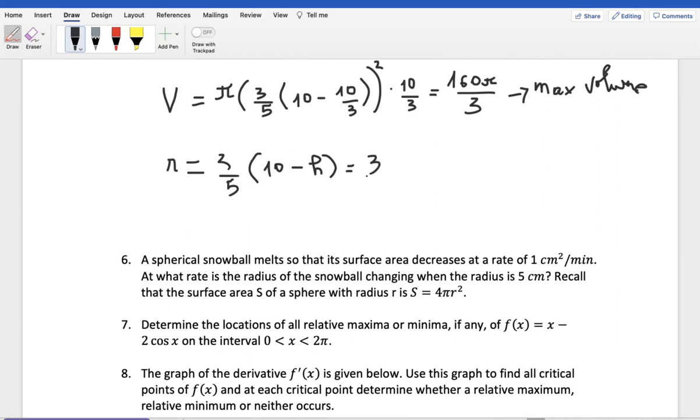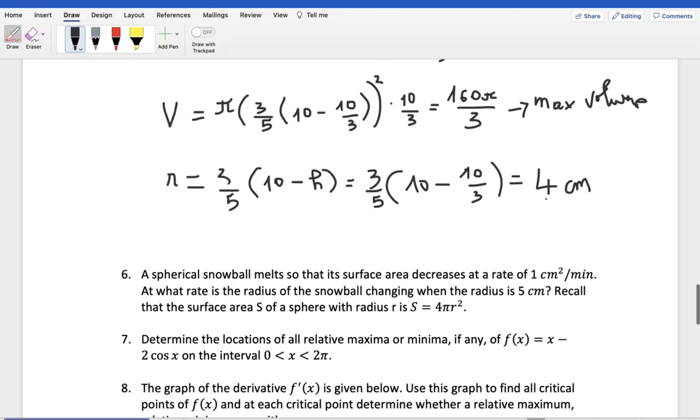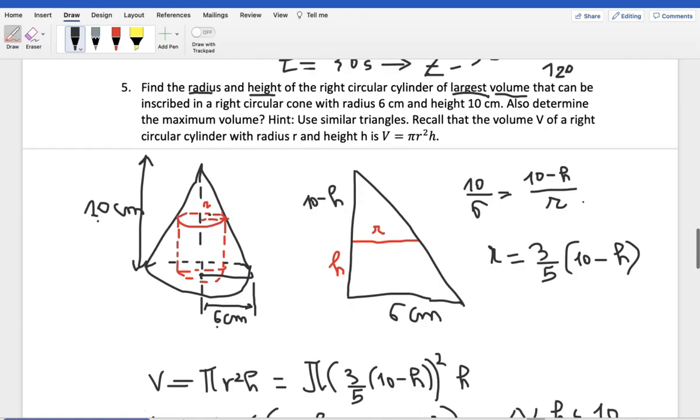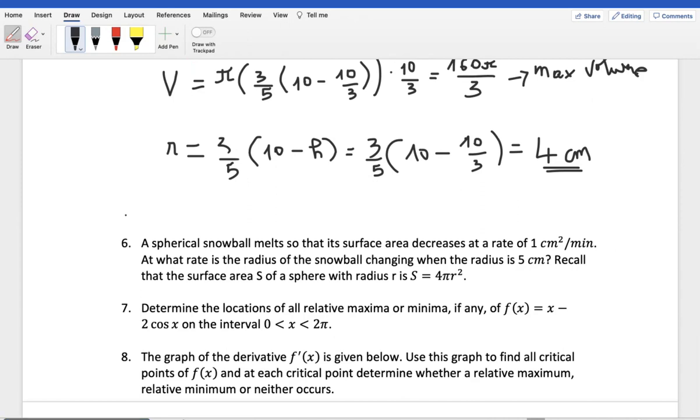So the maximum radius will therefore be 3/5 multiplied by 10 minus 10/3, which, if you do the calculation, is equal to 4 centimeters. So the maximum radius of the largest possible cylinder that can fit into this cone is 4 centimeters.